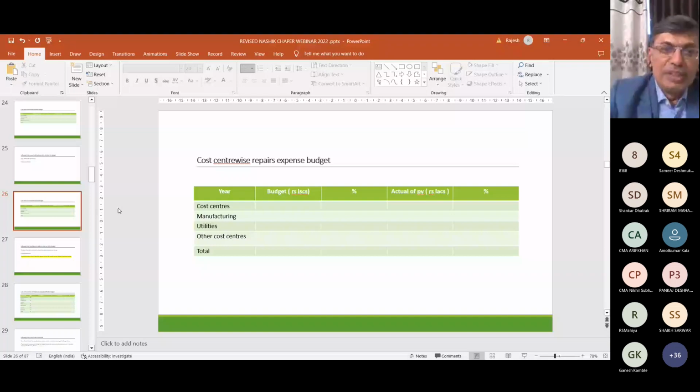Again, the budget value, percentage of each cost. Here a summary is given, but the percentage of each cost center in the totality as against actual cost center wise, and percentage of each cost center is a percentage of totality.